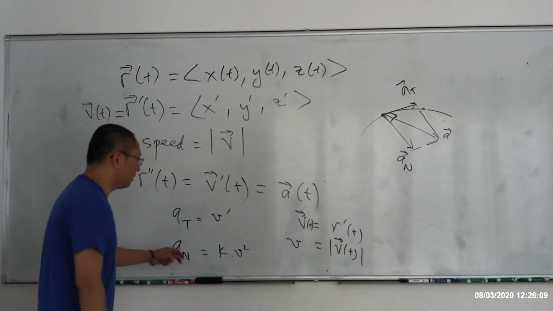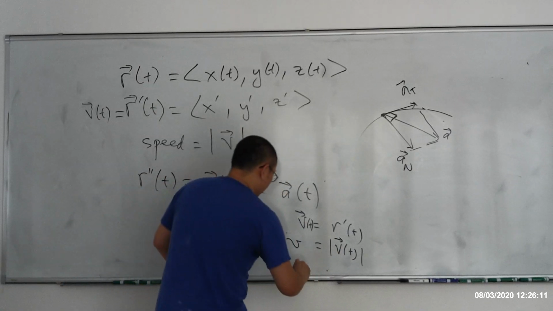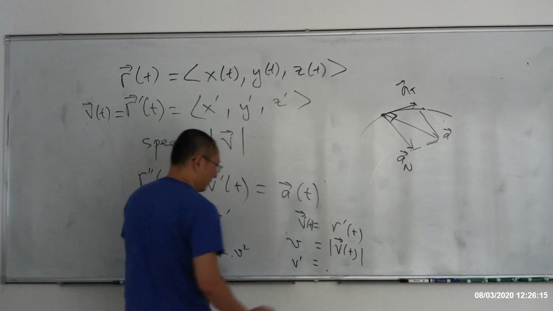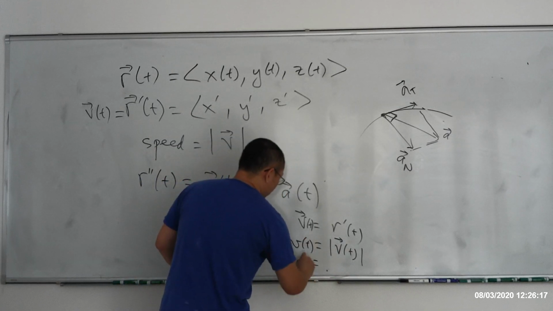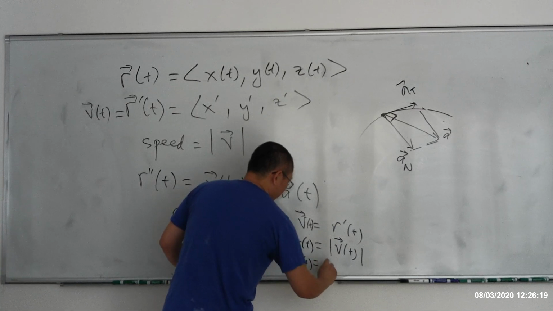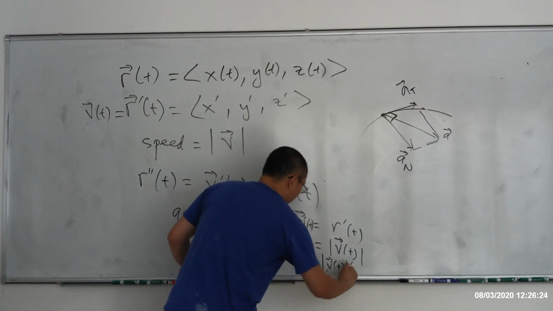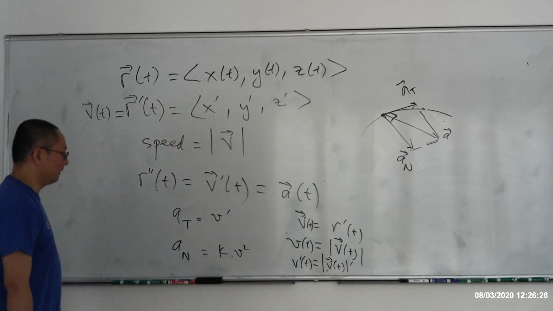If you don't want to write it this way, v prime is the derivative of this thing. This is a function really. It is the derivative of this one, the derivative of v(t).